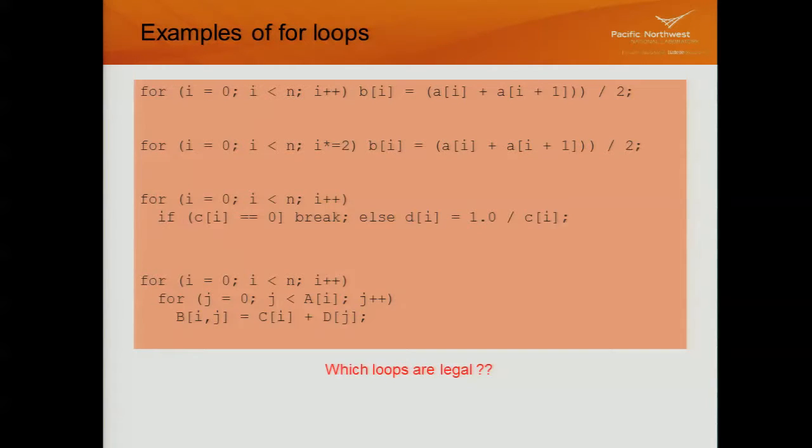Okay, how about this one here? Notice that the I loop goes from 0 to n, but the j loop goes from 0 to a of I. So the number of iterations in the second loop varies, right? But can we parallelize that one? Yeah, we can, because again, a of I here is a constant. It's not being updated.